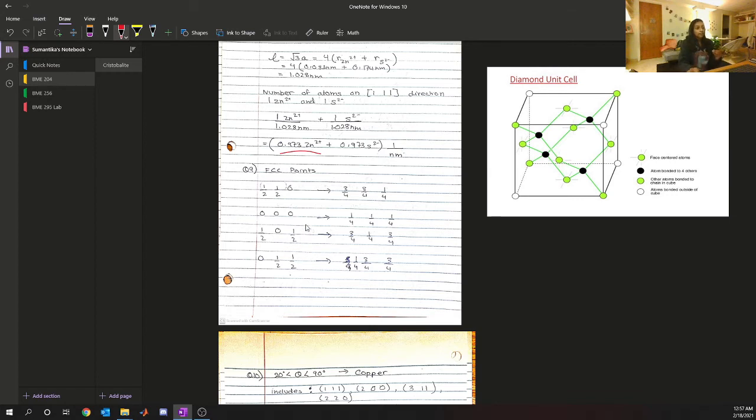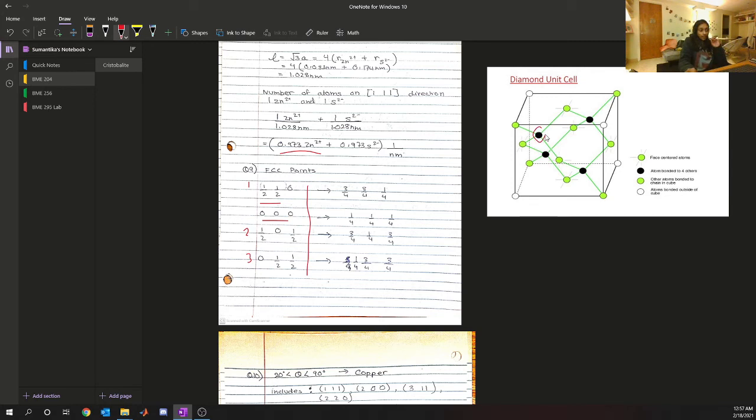So we have the first 4 points given to us. These are face atoms, and this is a corner atom at the origin. And we're trying to find that pair atom that is a tetrahedral connection in this cube.